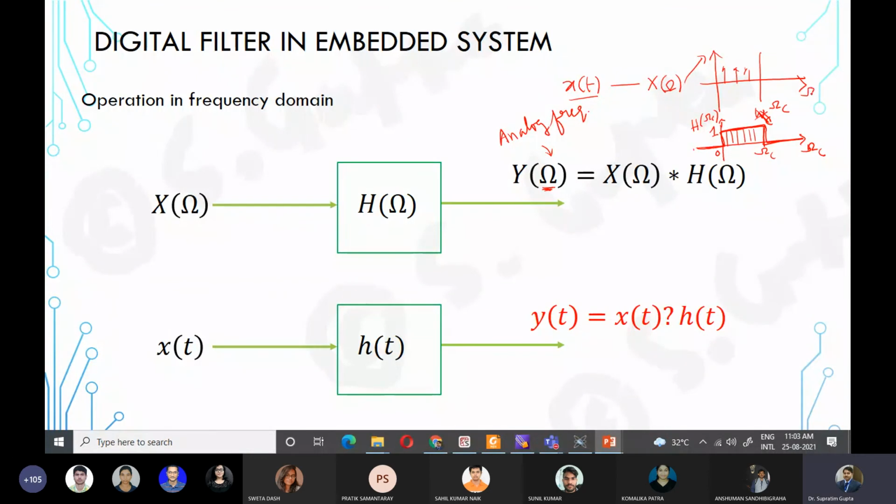If I multiply these two, what will we get? We will get the values up to omega c, but beyond omega c and beyond 0, all are 0, right? And we'll get some values like this.